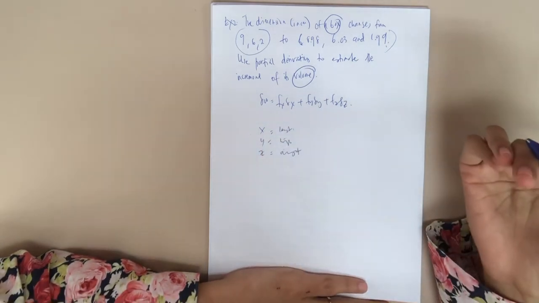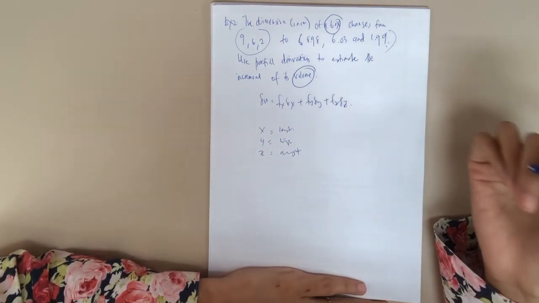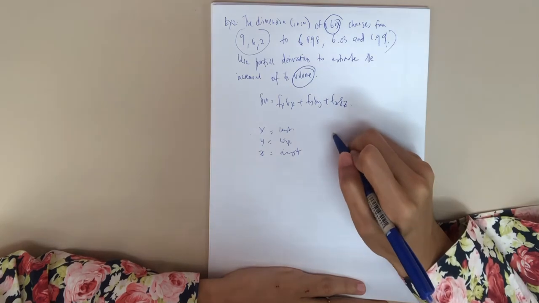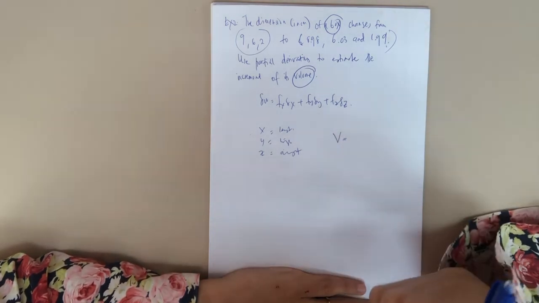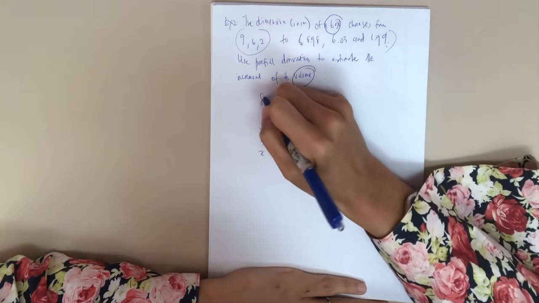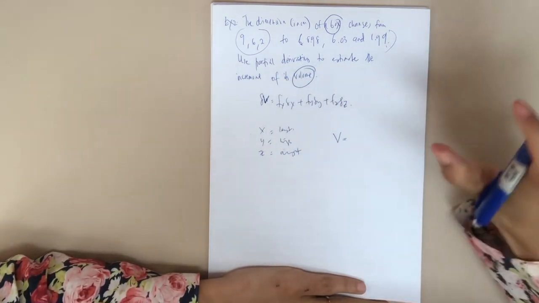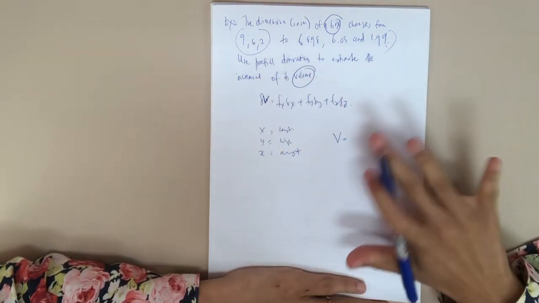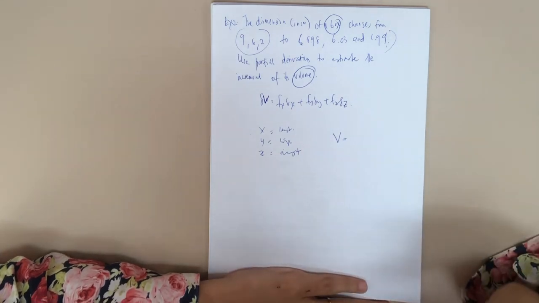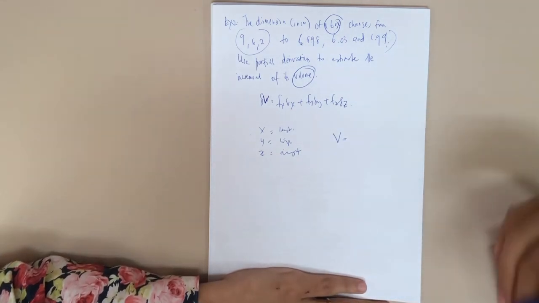So how do we calculate volume? What's the formula to get the volume of a box? Okay, I choose V. I use V instead of W because V indicates the volume. Actually you can use any alphabet, no problem, but I just want to use V because V is for volume.